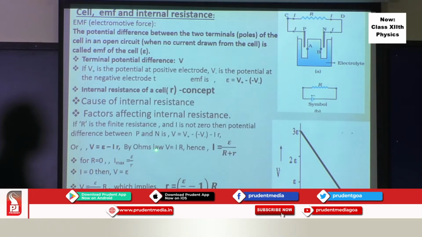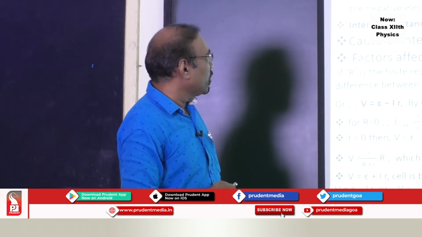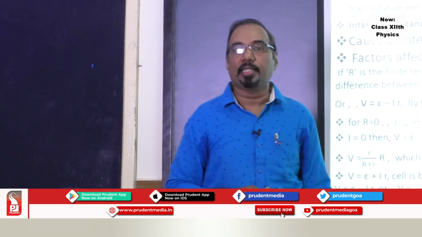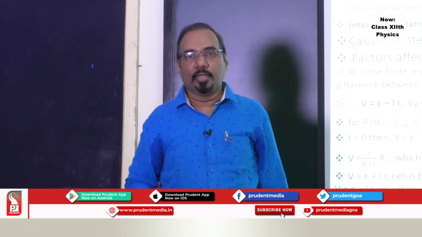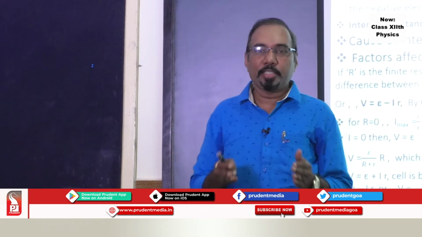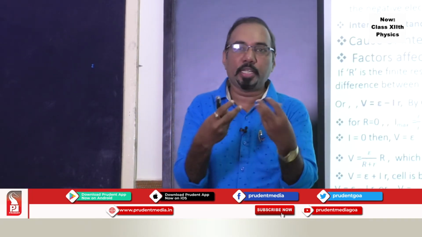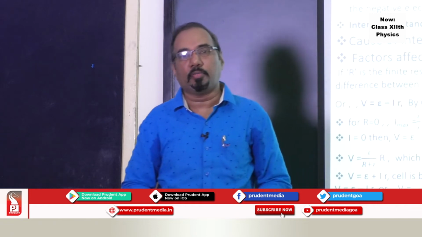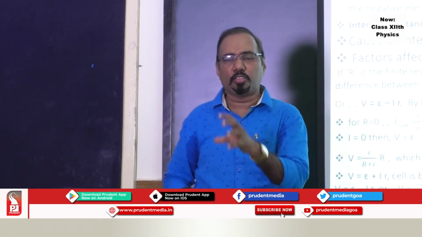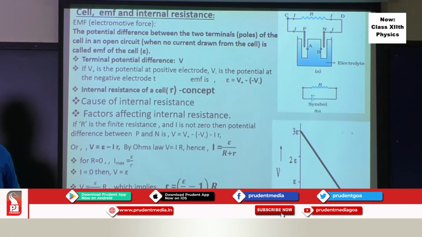And that resistance we denote as small r. So what is the cause of internal resistance? It's a collision among the ions in the solution itself. Factors affecting the internal resistance: there are so many factors. Internal resistance might depend on the separation between the electrodes, the nature of the pair of electrodes, the temperature of the electrolyte, and the concentration of the electrolyte.